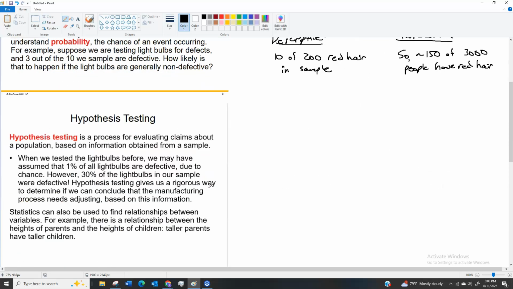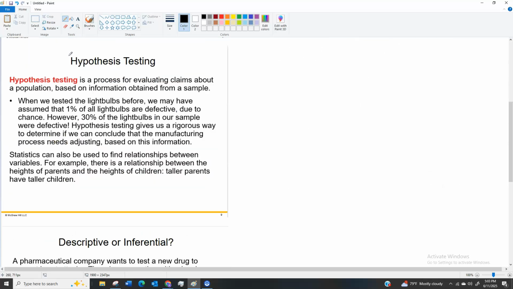Okay, so moving on. Just a really quick discussion about hypothesis testing, but again, we really don't do hypothesis testing until chapter 8, and we do chapters 1 through 10, so it's almost at the end of the class. It's pretty much our last thing that we do. And it's a process of evaluating claims about a population.